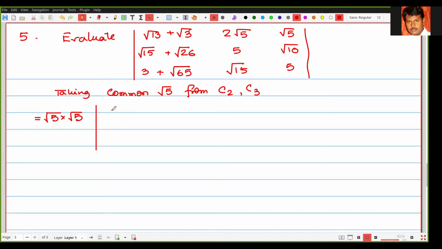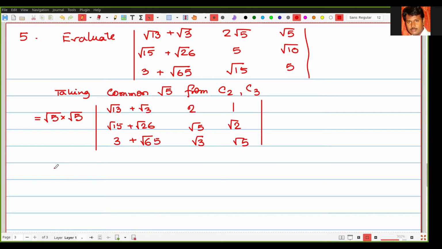Then square root of 13 plus square root of 3, square root of 15 plus square root of 26, 3 plus square root of 65. And here that one is 2, square root of 5, square root of 3, 1, square root of 2, and square root of 5.